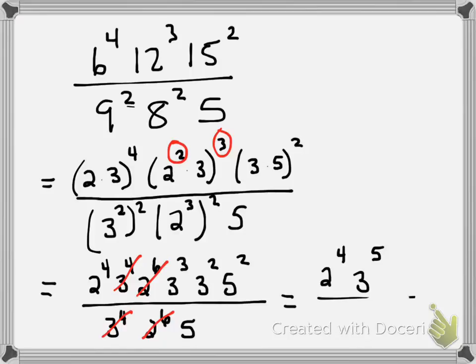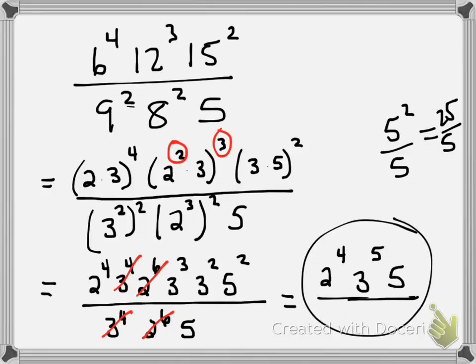So off to the side here, I'm going to write 5 squared divided by 5. Well, even if we just went out and did it, that would be 25 divided by 5, which is 5 to the first. So I've got a 5 hanging out there, and that's my answer. Okay, so doing a problem like this practices all of the rules of exponents.